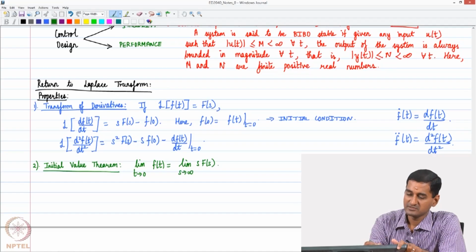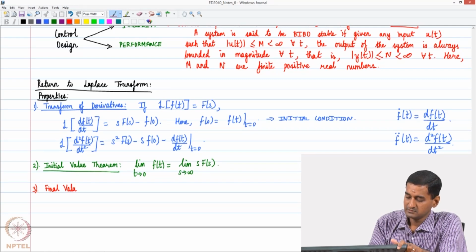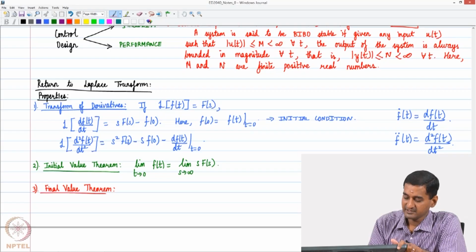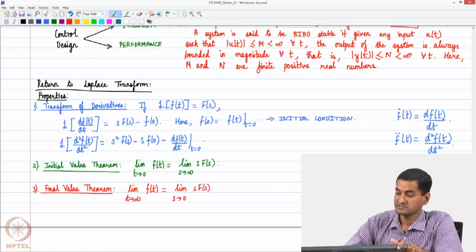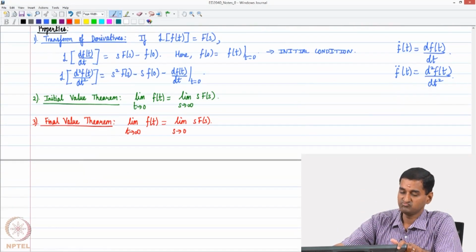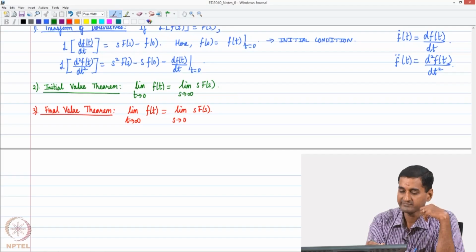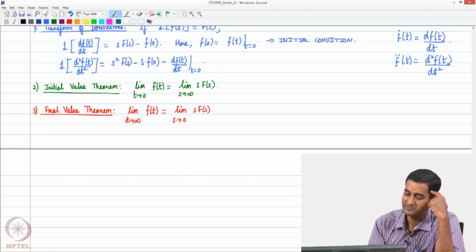And there is another theorem which is called the final value theorem. Limit t tending to infinity of f of t is going to be equal to limit s tending to 0 of s times F of s. So, that is the final value theorem.